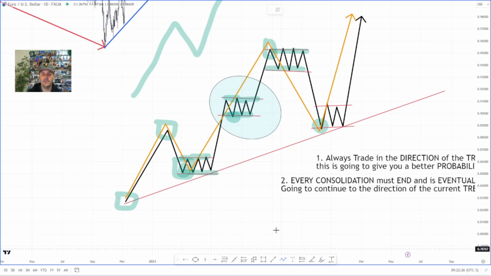Well, let's say that you short the market, right? So you would sell consolidation, you would win. You would buy consolidation in the direction of the trend, you would win. You would sell consolidation against the direction of the trend, you would win. You would buy consolidation with the trend, you would win.